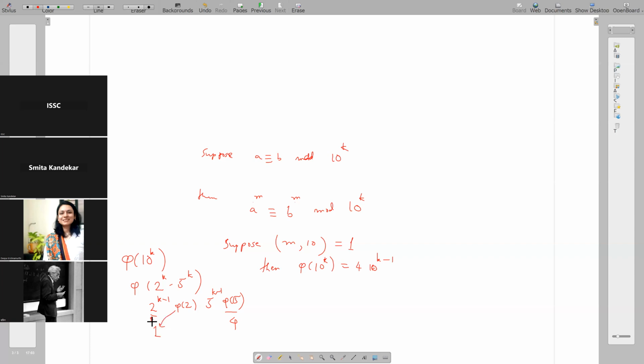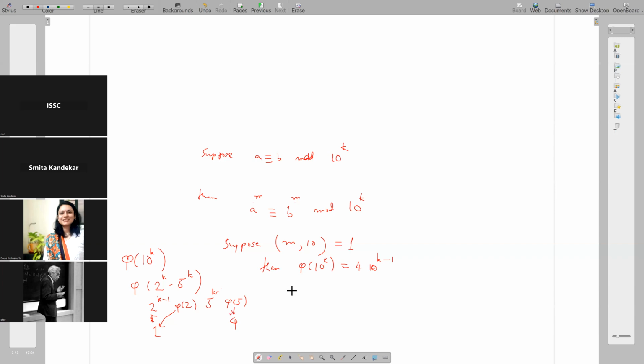Phi of 5 is 4. So now it is 2 raised to k minus 1, 5 raised to k minus 1, times 4, that is 10 raised to k minus 1 times 4.